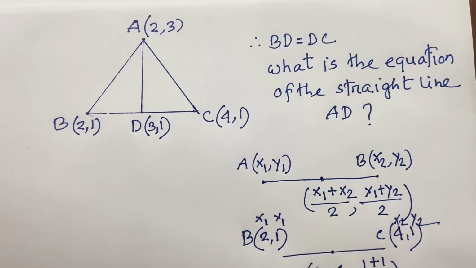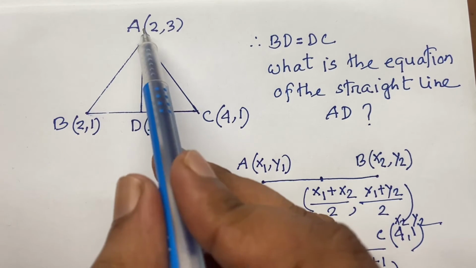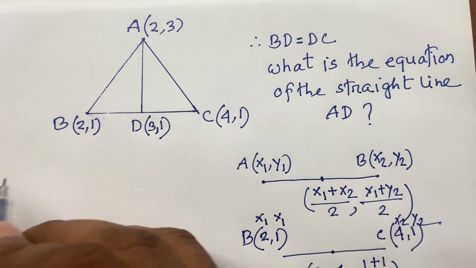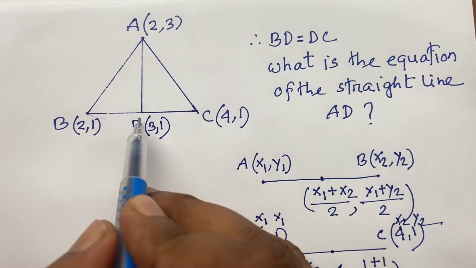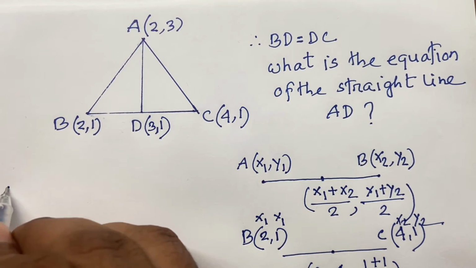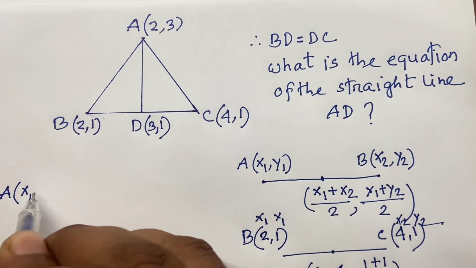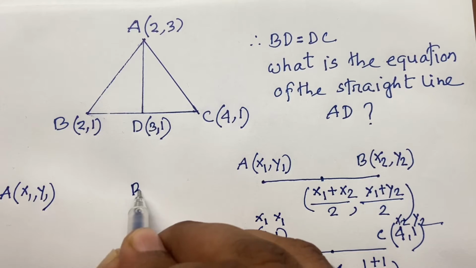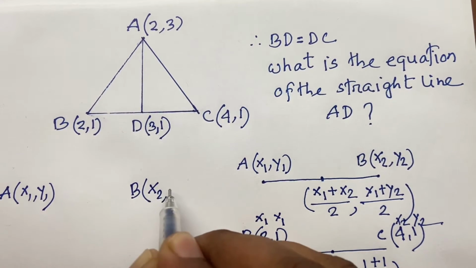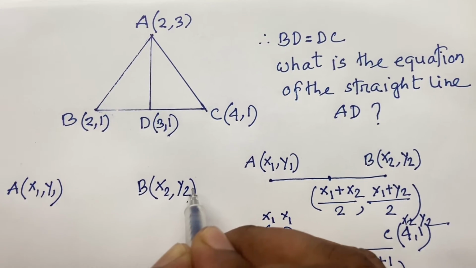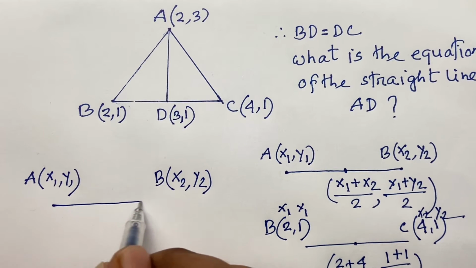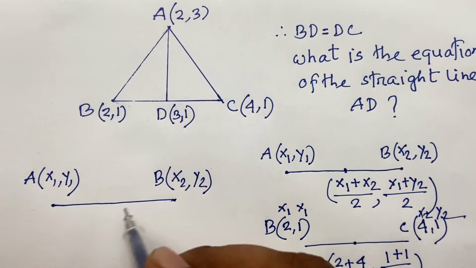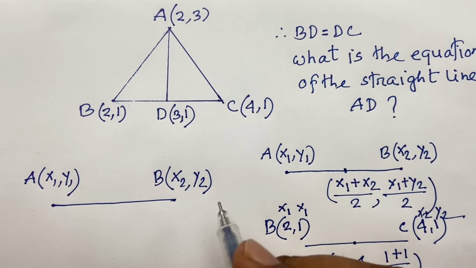Now we'll find the equation of AD. AD is a straight line. So if you know this point and this point, look, if you think a point is (x1, y1) and the other point is (x2, y2), and if you join both points, we get a straight line. But what is the equation of this straight line?